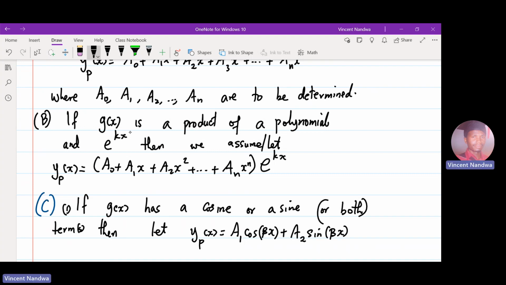So a cos of this structure, sine of this structure. So whether you only see sine or you only see cosine, the structure of the yp will be a linear combination of both sine and cosine.